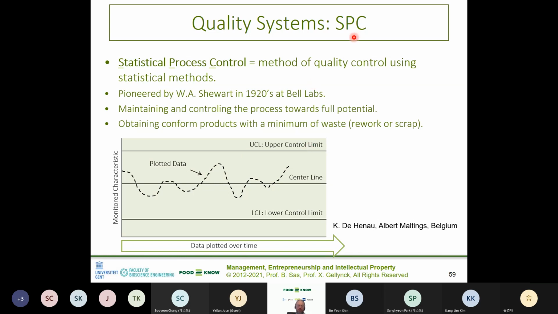So this SPC system can help you identify upcoming problems, so you can take measures before actually losing money if it crosses the line and turns into waste or rework.